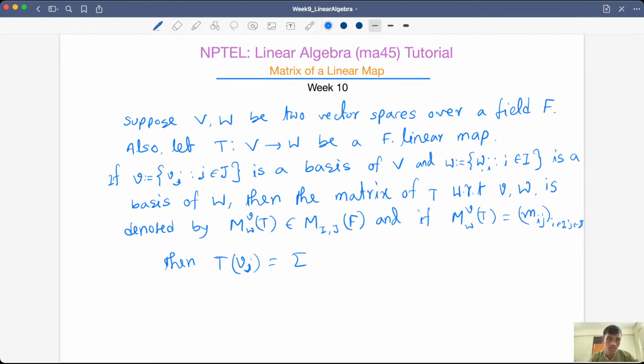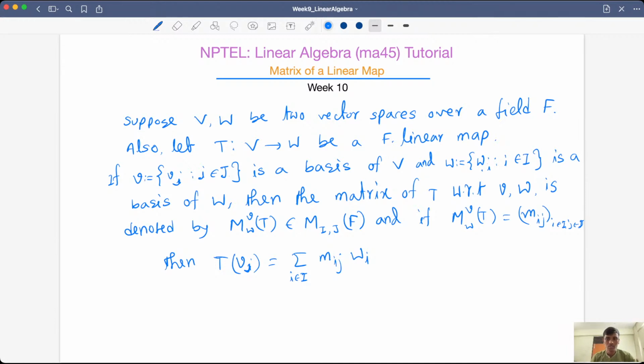So the jth column will be all these m_ij with w_i, where i belongs to I. So you have to calculate the linear map on the basis vector of V, and then express that as a linear combination of the basis vectors of W. Then, preserving the order of the basis, you write them as the elements of the column. That's how this matrix is obtained.